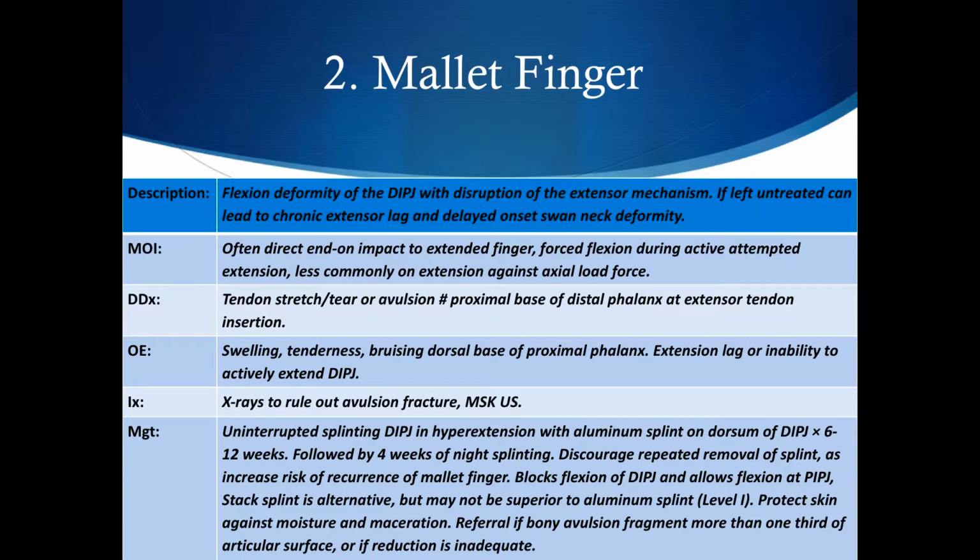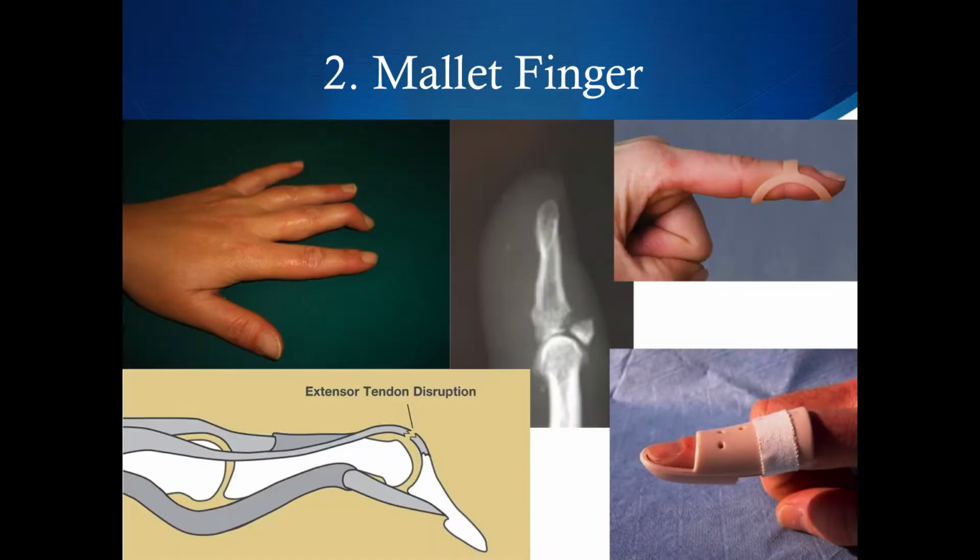Findings would include swelling, tenderness, and bruising on the dorsal base of the distal phalanx, extension lag, and inability to actively extend the DIP joint.